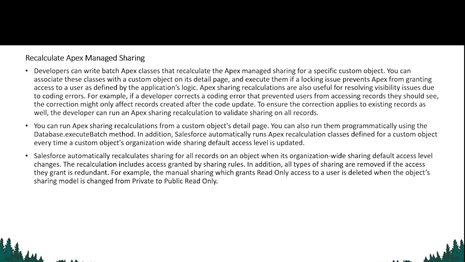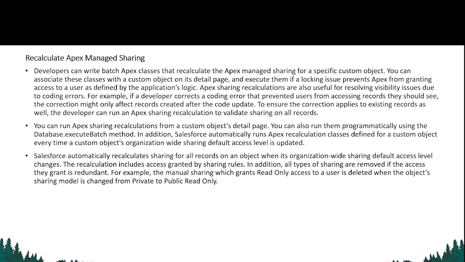Developers can write batch Apex classes that will recalculate the Apex managed sharing for a custom object. You can associate these classes with the custom object on the detail page, and then execute them if a locking issue is preventing Apex from granting access to the user as designed by the application's logic.